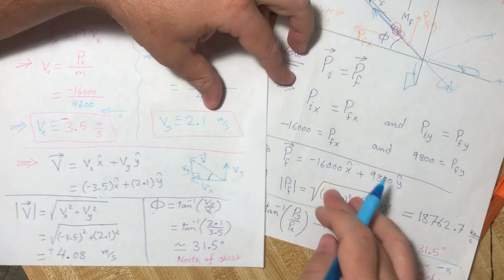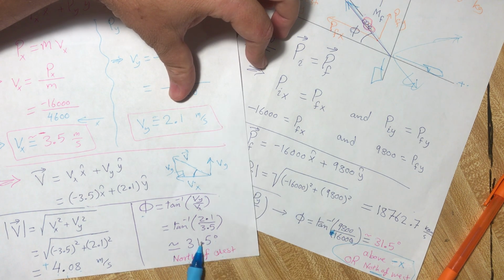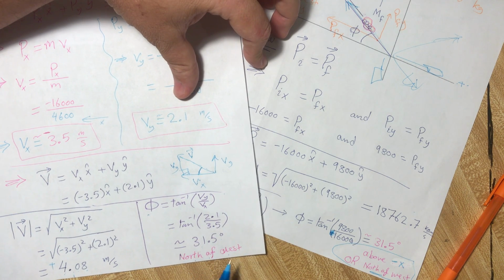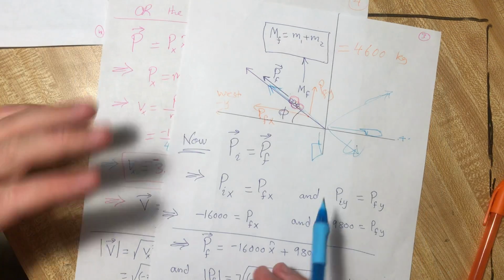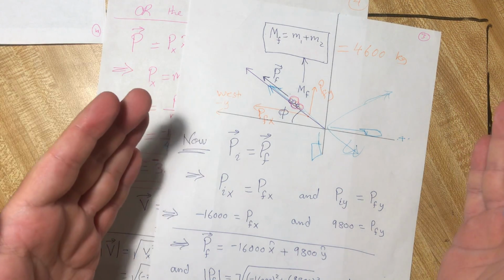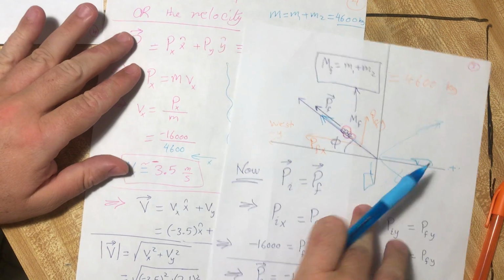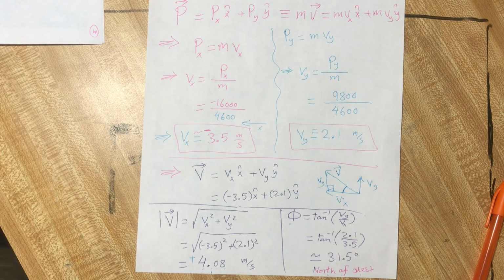Phi is the same whether I solve phi from the momentum or from the velocity. It is 31.5 degrees north of the west. Okay, I made it long to divide it into separate components for each body, and I hope that you understand this. Thank you.